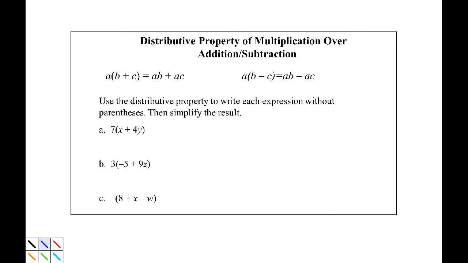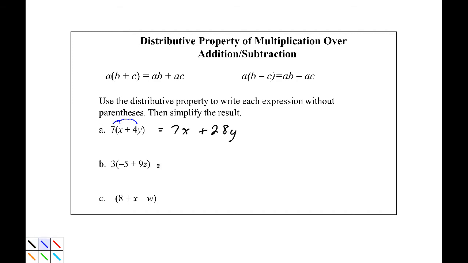So for our first example of this, we have 7 parentheses x plus 4y. We want to use the distributive property to write each expression without parentheses, and then simplify if possible. So I'm going to take 7 multiplied by x, which would be 7x, and 7 multiplied by 4y, which would be 28y, so plus 28y. 7x plus 28y.